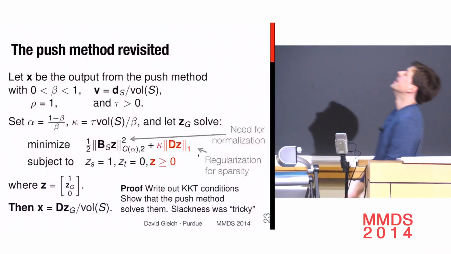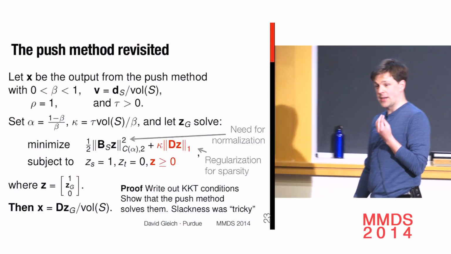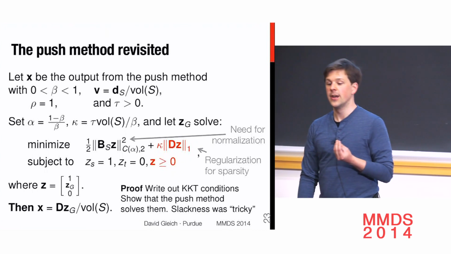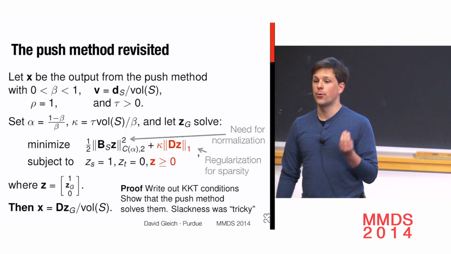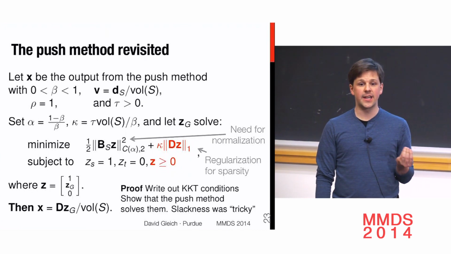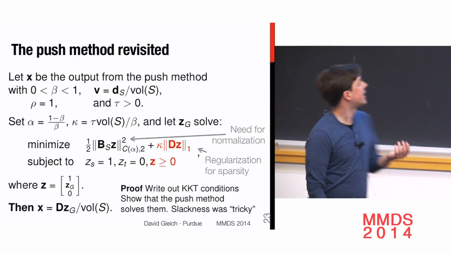Turns out it's not. There's a precise characterization we can give to an approximate solution from the push method. The push method contains a tolerance parameter, tau.